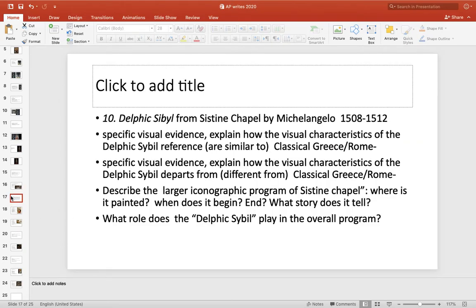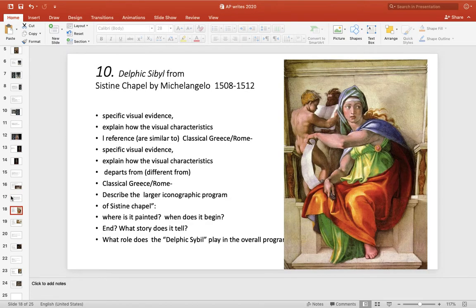The next one would be on the Delphic Sibyl. Now, Michelangelo, we have 4 images. So you want to know all those images well. This is from a couple years ago, and it's talking about the Delphic Sibyl. For this one, it's asking for visual evidence, and if you break it down, it's saying how does it reference the classical, which means how is it similar to classical, and then how does it depart or how is it different.